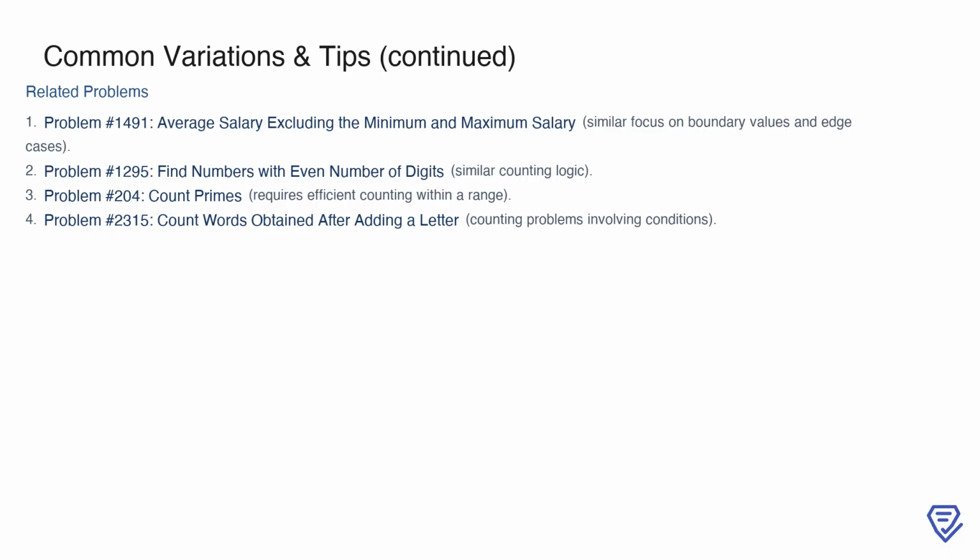Problem number 204, count primes, introduces efficient counting within a range, which aligns with the need for optimization in this problem. Lastly, problem number 2315, count words obtained after adding a letter, is another counting problem that involves meeting specific conditions. Exploring these problems can deepen your problem-solving skills and reinforce the concepts you've learned here.